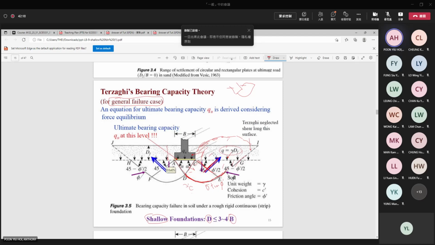So in this foundation chapter, this term B usually refers to the width of the foundation, and this D usually refers to the depth of the foundation. So you will expect if your foundation is constructed much deeper, when it fails it needs to push more soil up, so the bearing capacity of the foundation will be higher.